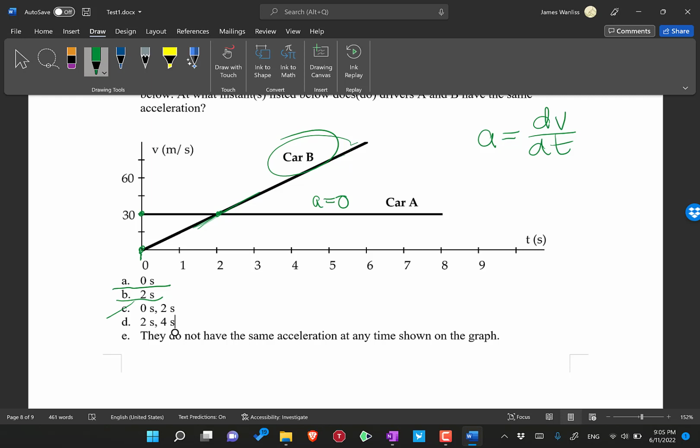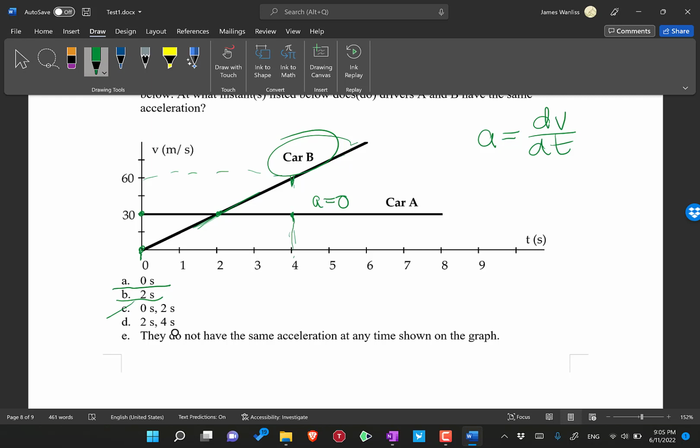At 4 seconds, let's take a look. What's the driver A acceleration? Still 0. What's driver B acceleration? It's still constant. We can actually work it out. It's a straight line, so it's easy to calculate the slope. It's 60 divided by 4. 6 divided by 4 is 30 divided by 2, is 15 meters per second squared.